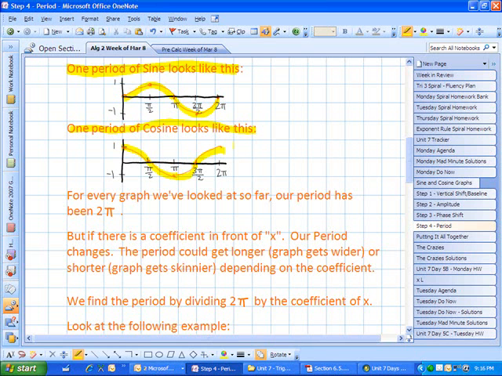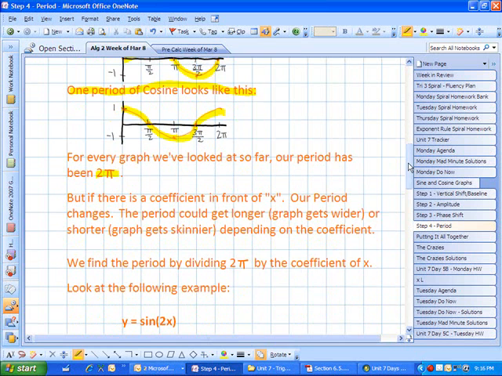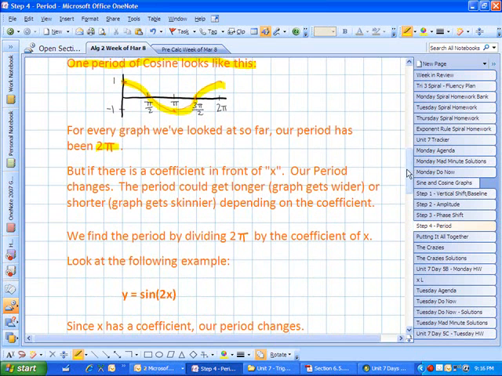As I mentioned, every one of our periods so far has been 2 pi, but that's because there hasn't been a coefficient in front of x. All of the coefficients in front of x have been 1, which is the reason our period has never been anything different than 2 pi.